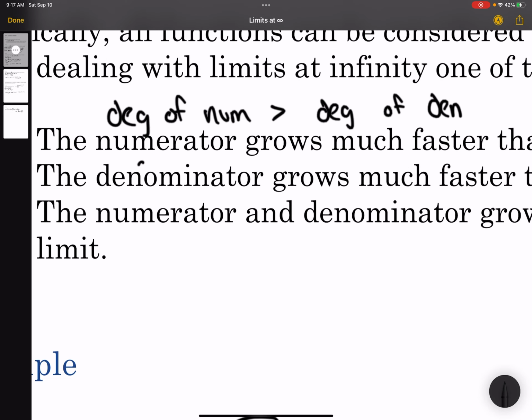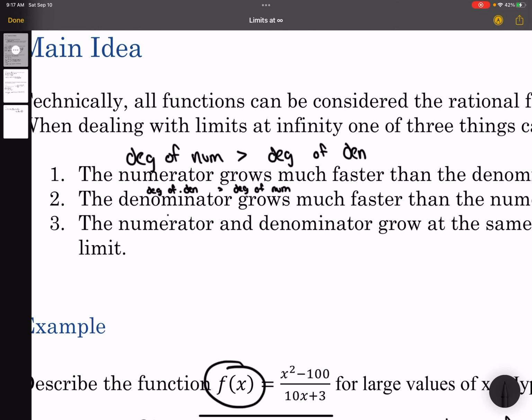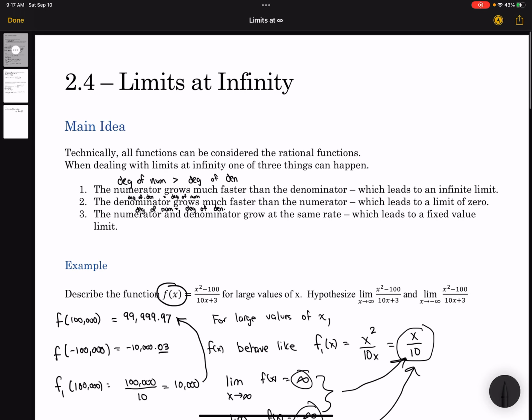The limit is going to be 0 when the degree of the denominator is greater than the degree of the numerator, and equal to some number when the degree of the numerator equals the degree of the denominator. All right. Of course, we'll do a lot of practice in class.